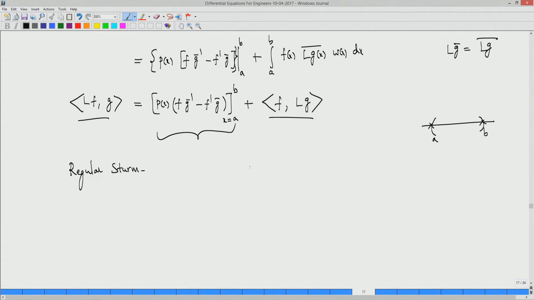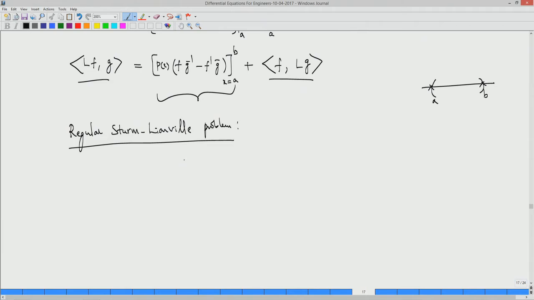Let us see the usual one, that is a regular Sturm-Liouville problem. Here you have Ly equal to lambda y, where L is minus 1 by W(x) d/dx of P(x) d/dx, this is the operator, plus Q(x). So, this is what your L is.